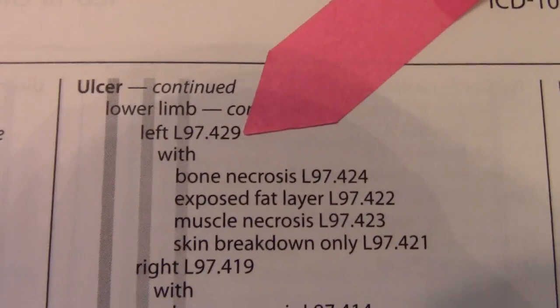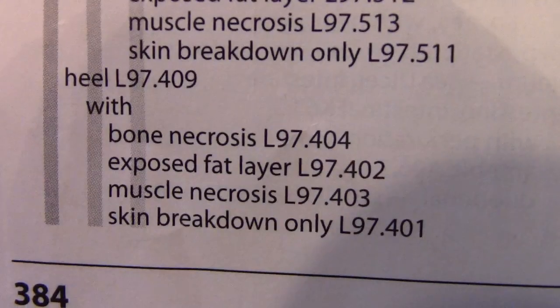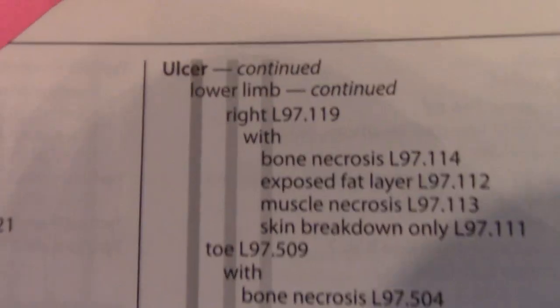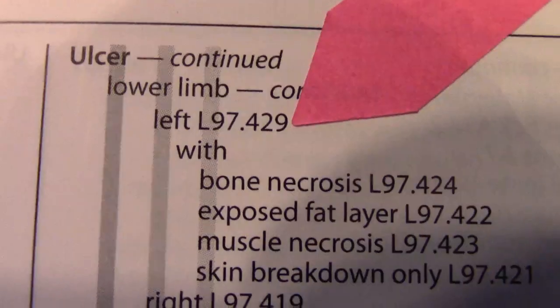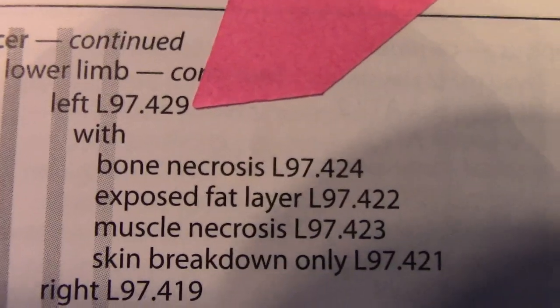Lower limb, left. Okay. We were at heel on the previous row. Heel, L97.4. But I need to identify that it is of the left heel. So it's still under lower limb, but it's left. L97.429. Okay?